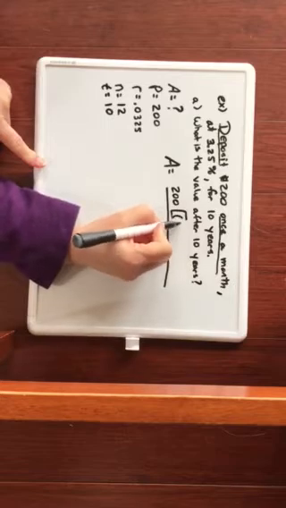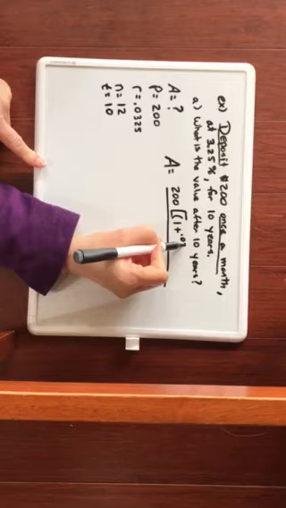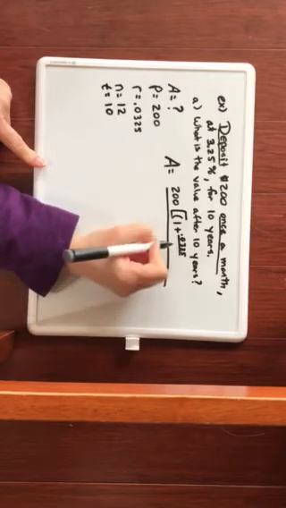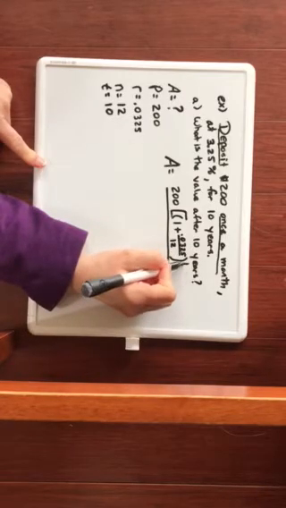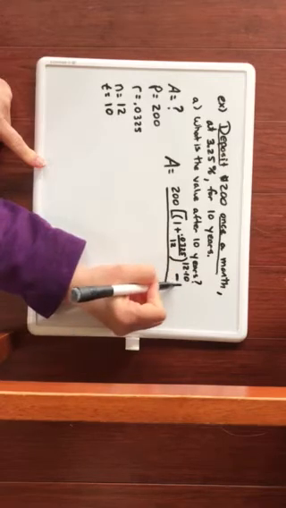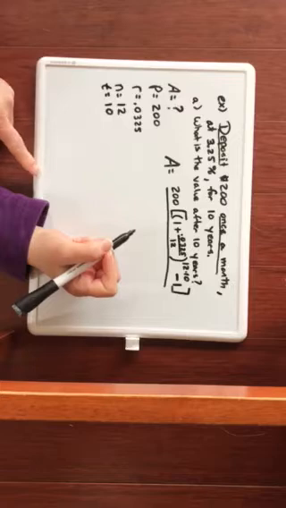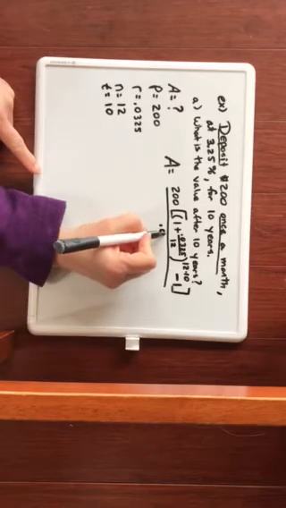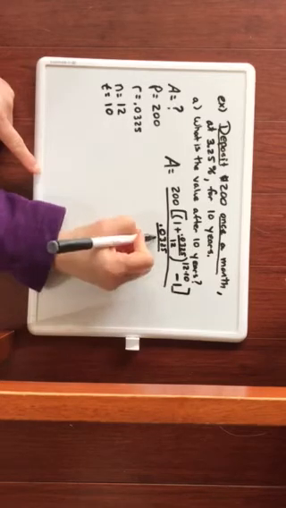Okay, 1 plus 0.0325 all over 12 to the power of 12 times 10. And remember, don't forget to minus that 1. Okay, now all of that goes over R over N, and that's 0.0325 over N, which is 12.